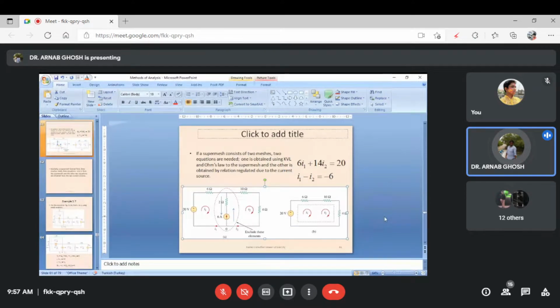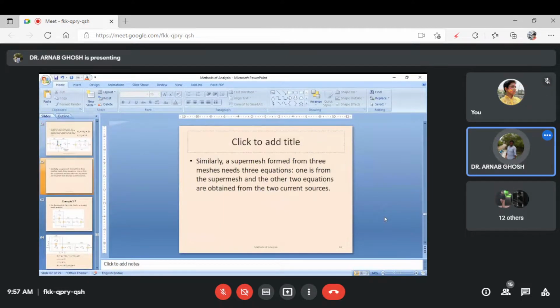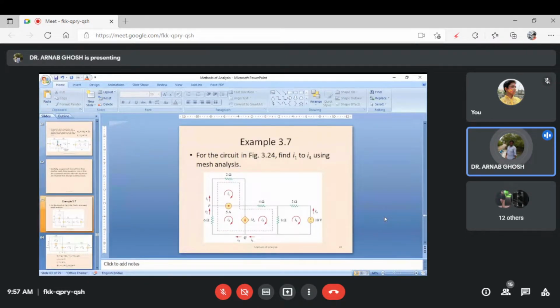Any questions from super mesh? Okay, so I will show you another problem, which is a bigger super mesh. Let us say here you had 4 loops.